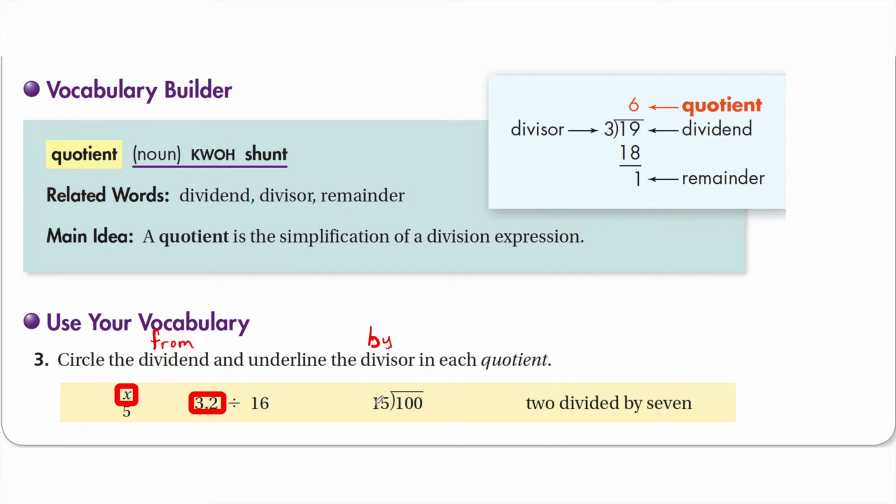In this case, we have a 15 with a 100, but this is really going to be 100 divided by 15, so our dividend is going to be that 100, and that 2 divided by 7, that 2 represents the dividend. And the divisor is everything that it's opposite, so it's the by portion. We're dividing by that 5, we're dividing by the 16, dividing by the 15, and last but not least, dividing by that 7.